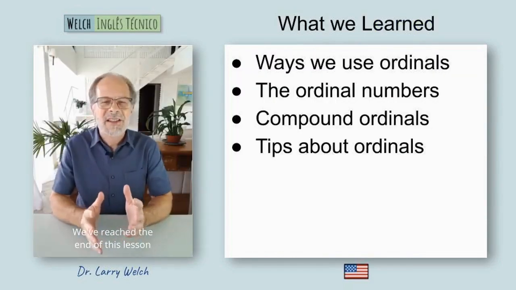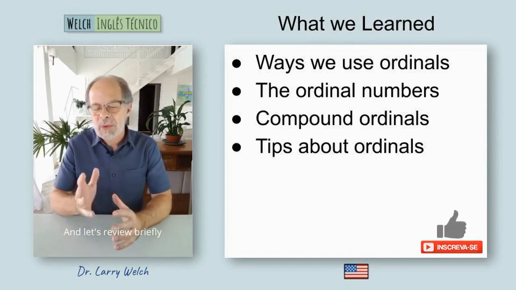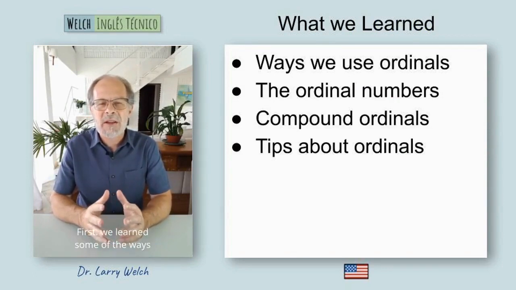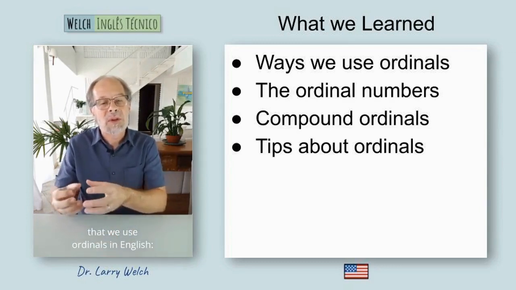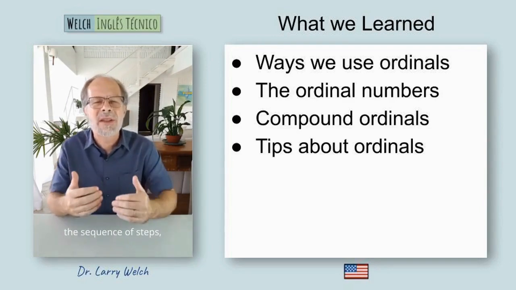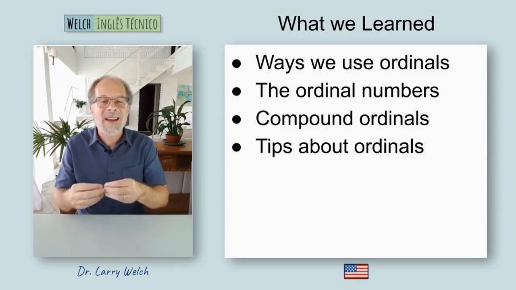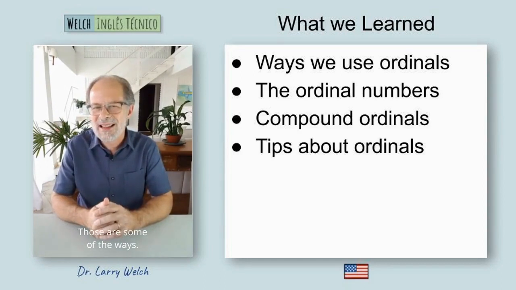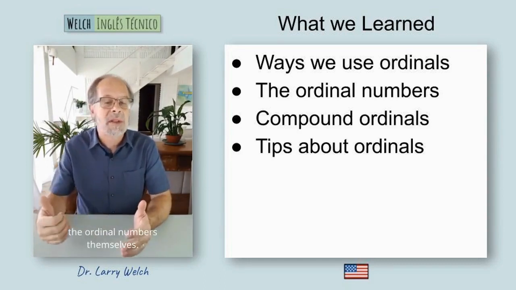We've reached the end of this lesson about ordinals, and let's review briefly what we learned. First, we learned some of the ways that we use ordinals in English for the order of things, the sequence of steps, days of the month, centuries, and birthdays. Those are some of the ways. And then we looked at the ordinal numbers themselves.